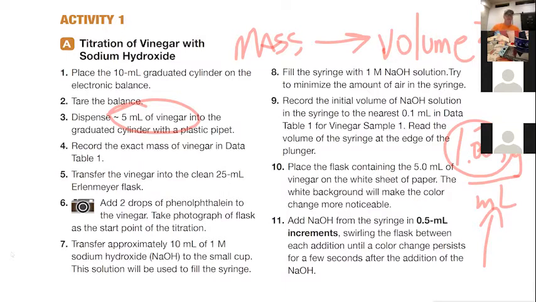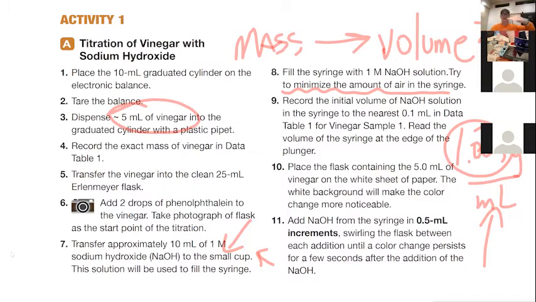Then we're going to put hydroxide, and it's in a drop bottle, so you're going to have to squeeze it pretty hard to get the liquid out into one of the small cups, and then draw up the sodium hydroxide with the syringe, attempting to minimize the amount of air, like the smallest amount possible.